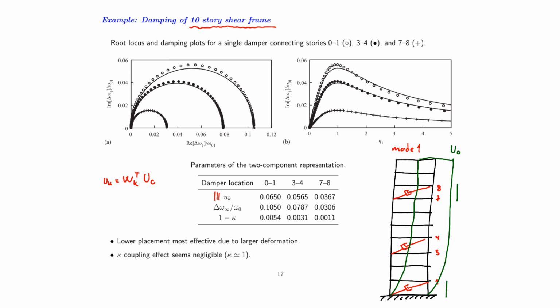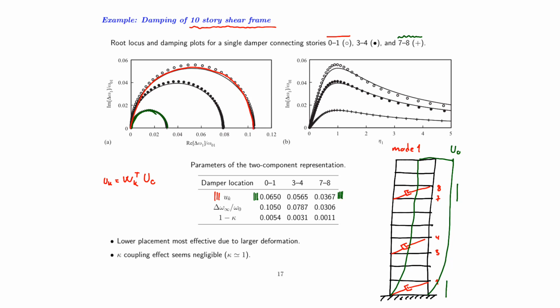So for the bottom location we have a fairly large value, whereas between stories 7 and 8 we have a reduction of approximately a factor of 2. So for the 7 to 8 location, we will have a fairly small half-circular locus trajectory in the complex plane, while for the bottom location, we'll have a very large half-circle.